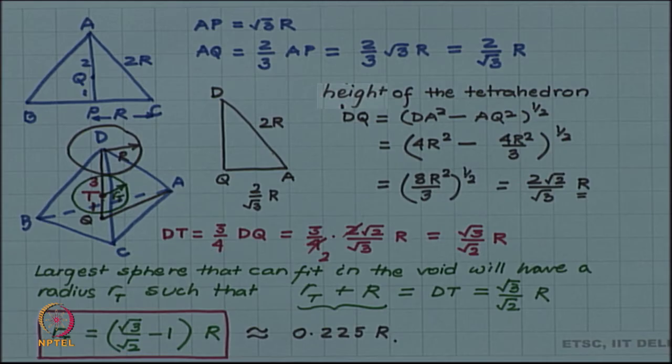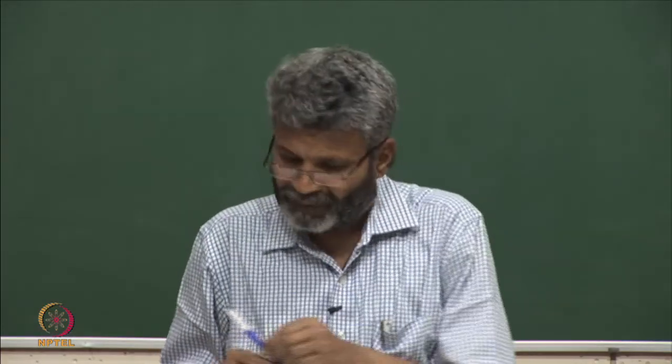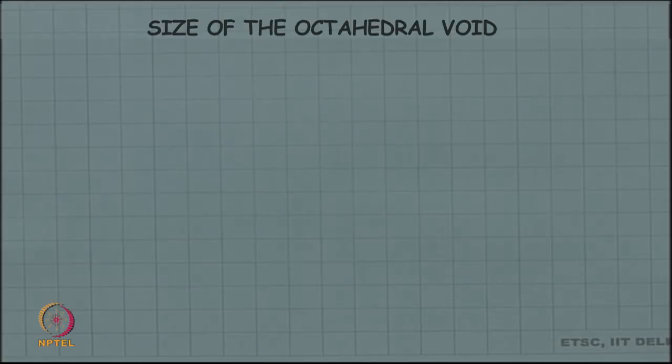Let us continue with our discussion to find the size of the octahedral void. This is actually much simpler because the geometry of the octahedral void is much simpler. So, now let us look at the size of the octahedral void.